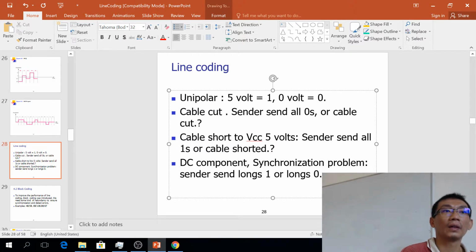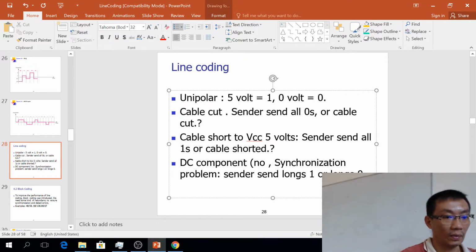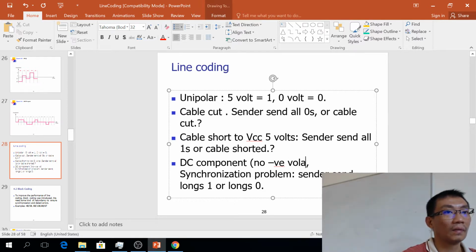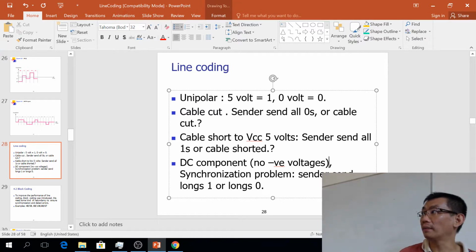You have a DC component because there's no negative voltage. Clear. So this is unipolar.